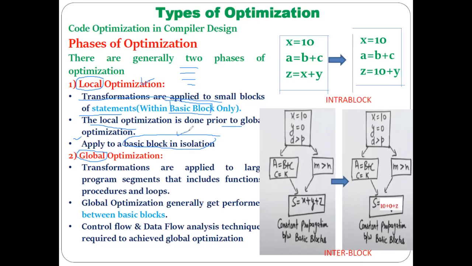So separately for each basic block, if you perform the optimization restricted to that single basic block only, then that optimization is referred to as local optimization. Now let's take the example. Generally local optimization is also called intra block optimization. Intra block in the sense of within a basic block. Understood?